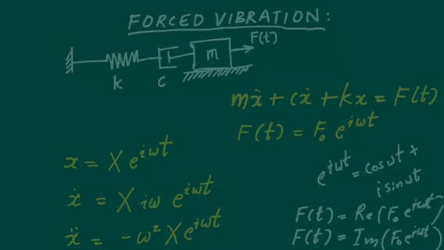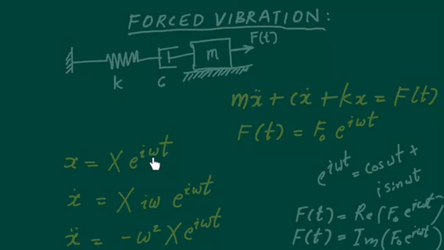Okay, make sense? Now, we know the excitation is f0 e raised i omega t, so from the same concepts that I discussed last time, I can assume my response to have a shape like this, where x is the amplitude and e raised i omega t captures the variation with respect to time.